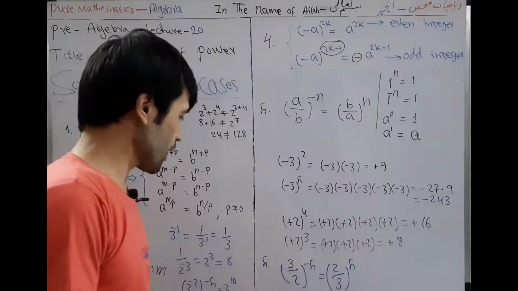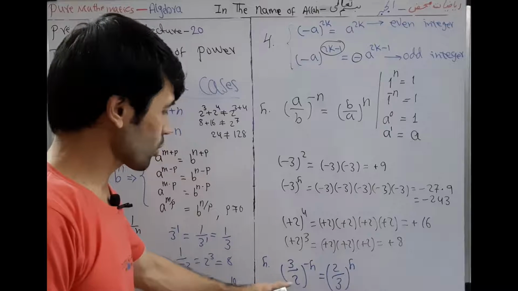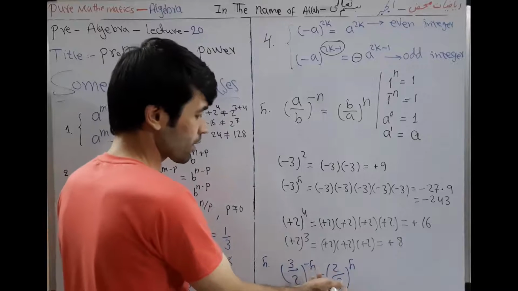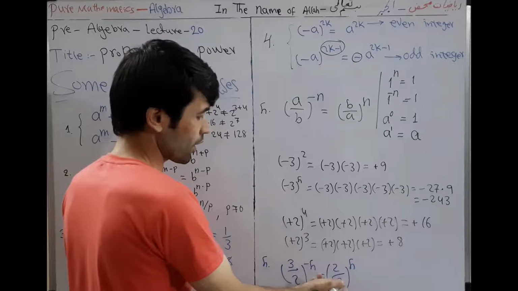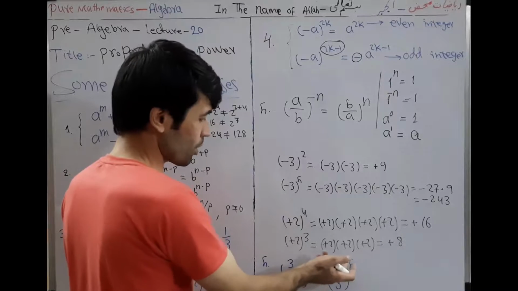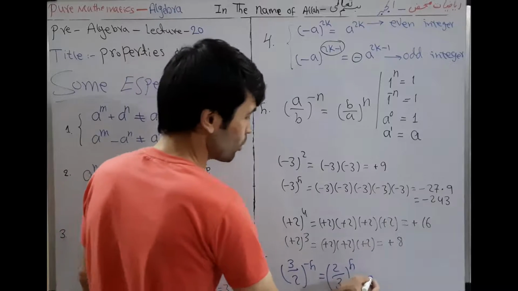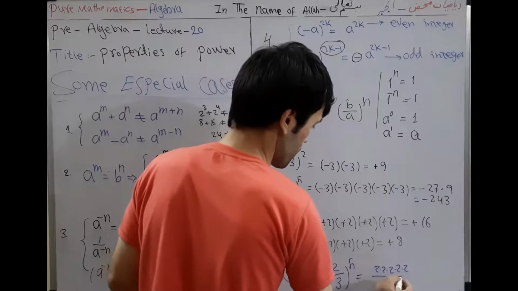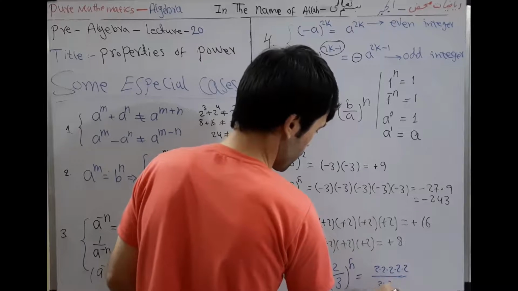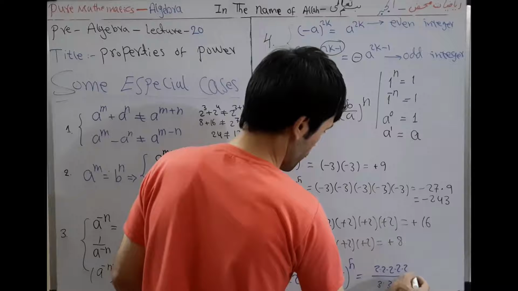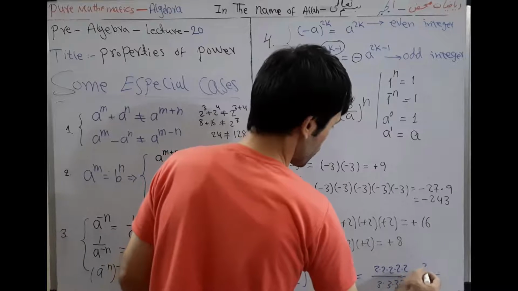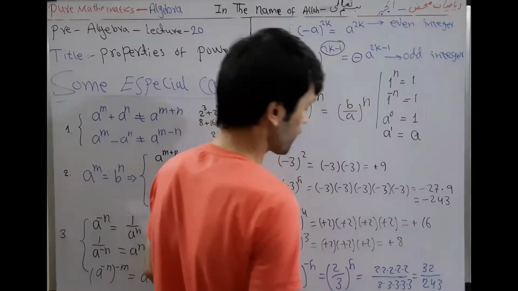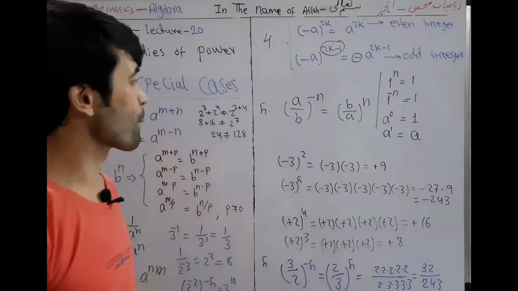We make the fraction opposite, then the exponent becomes positive. It is equal to 2 multiplied by 2, 5 times, over 3 multiplied by 3, 5 times. It is equal to 32 over 243. It is the result.